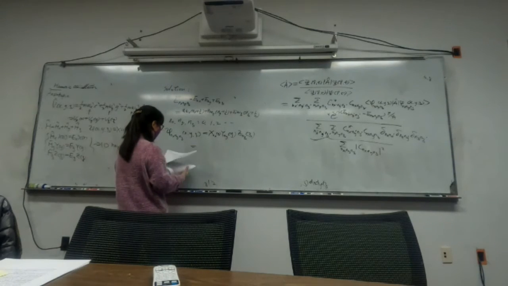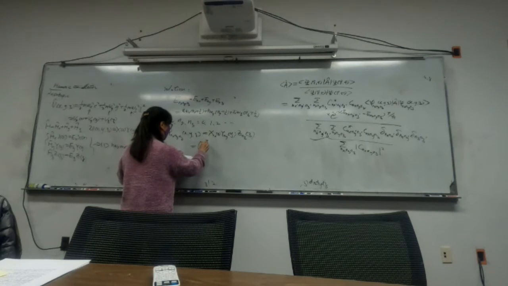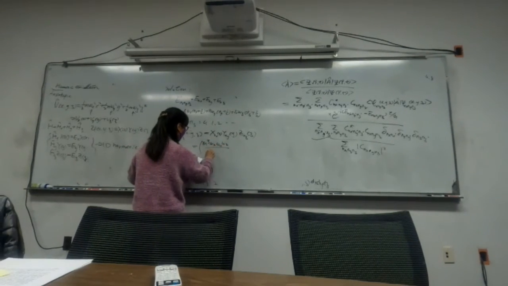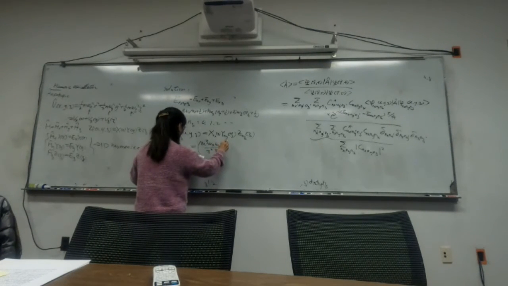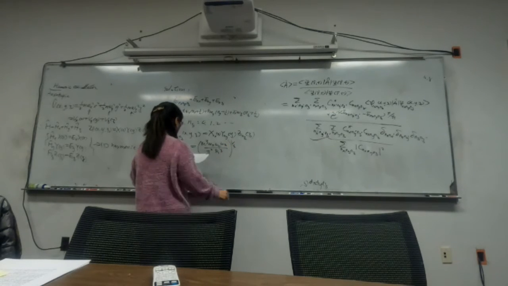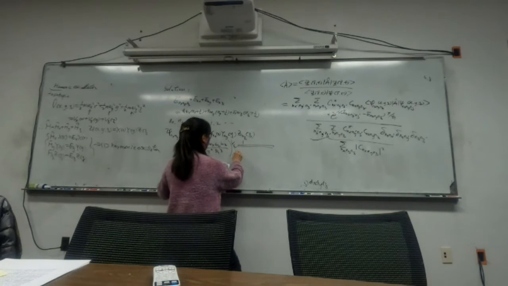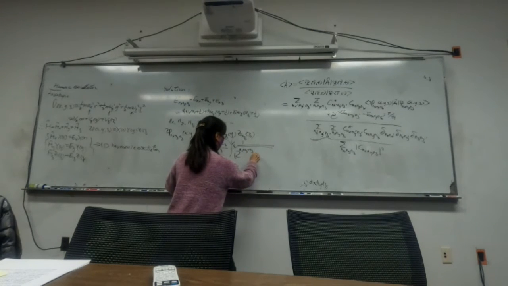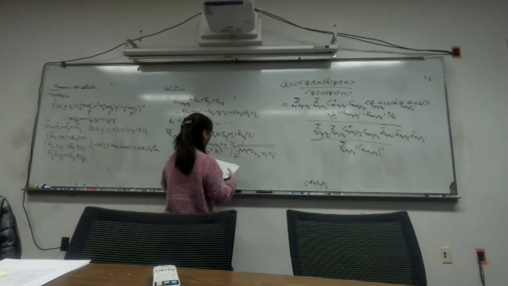Each one has its coefficient, so now I'm giving the coefficient here: m omega over pi h bar, cubed, with omega x, omega y, omega z, to the power 1/4, then 1 over the square root of 2 to the power nx plus ny plus nz, times nx factorial, ny factorial, nz factorial.